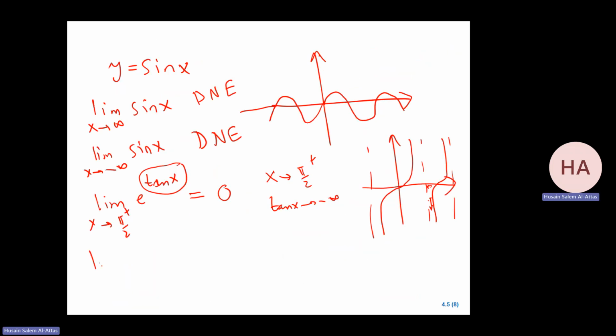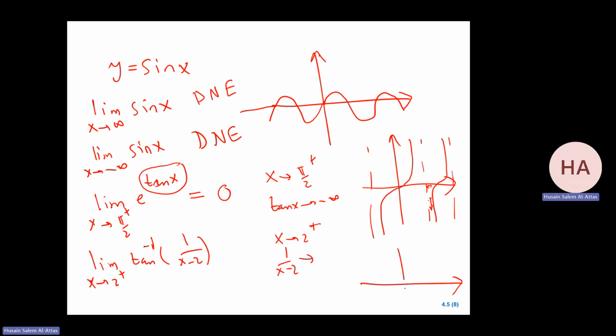The limit as x goes to 2 from the right of tan inverse of 1 over x minus 2. I need to check first what happens as x goes to 2 from the right. 1 over x minus 2, where will it go?